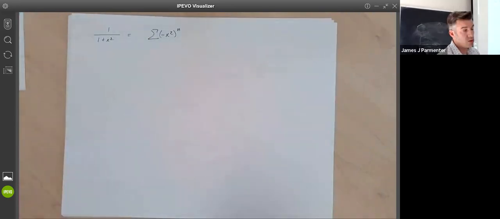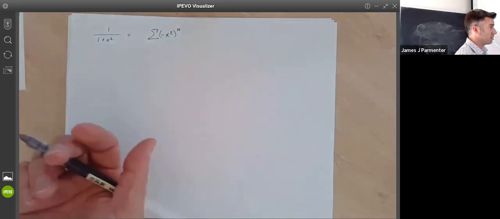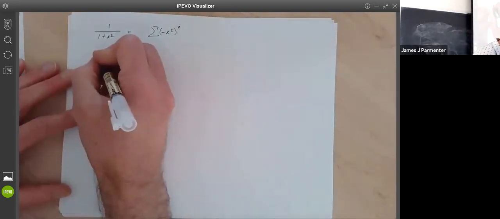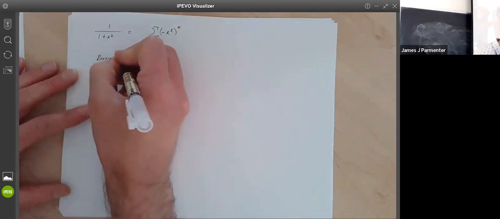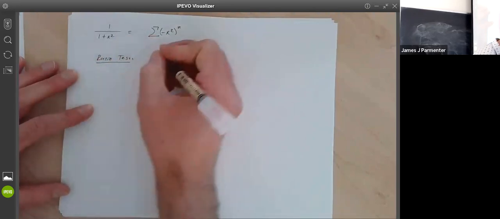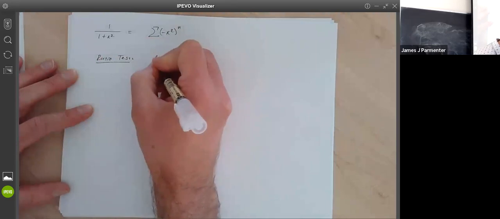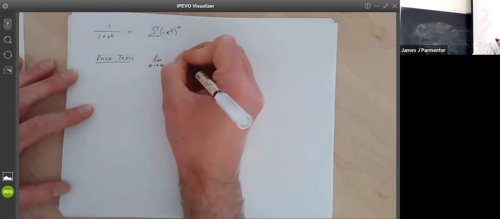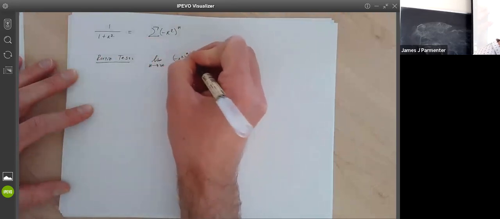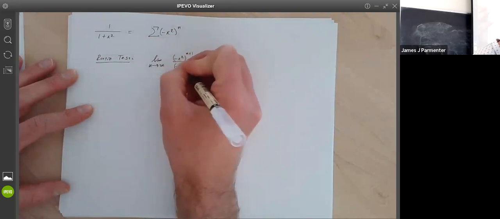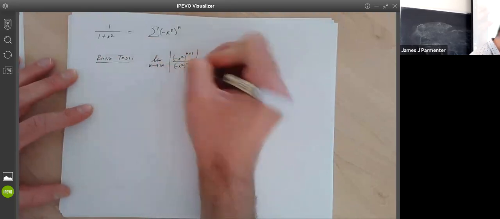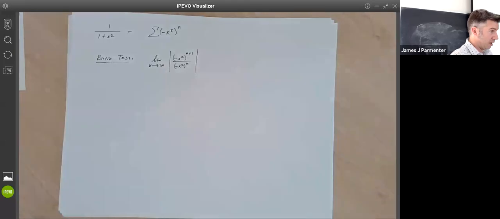Now, really, you could find where this converges by using the ratio test. So for the ratio test, we take the limit as n goes to infinity of the n+1 term over the n term in absolute value. And then that ratio has to be less than what?